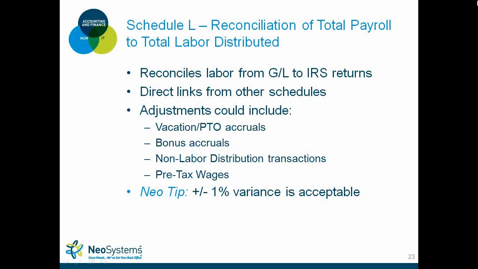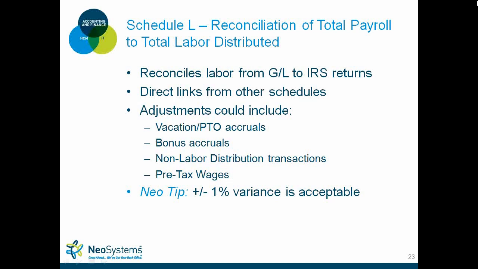Any adjustments? Adjustments such as vacation accruals, that's usually the one that gives most headaches, or bonus accruals. Make sure that you are accounting for those. Something else also is that if there are any activities outside of the labor distribution process or your labor distribution report, we find it often where maybe a bonus may have been done through a journal entry.